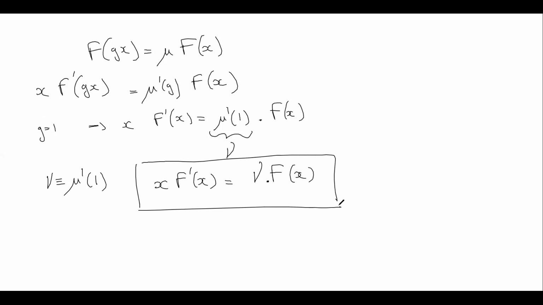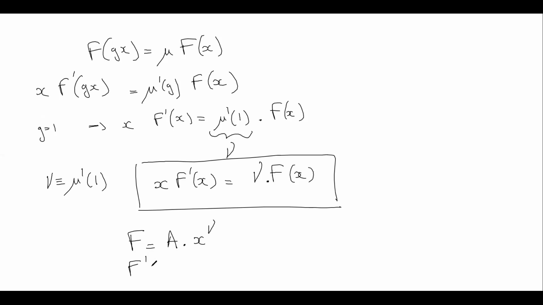I already gave the solution. What do we recognize? You derive the object and you multiply it by X and you recover the object. So the solution is something like that.